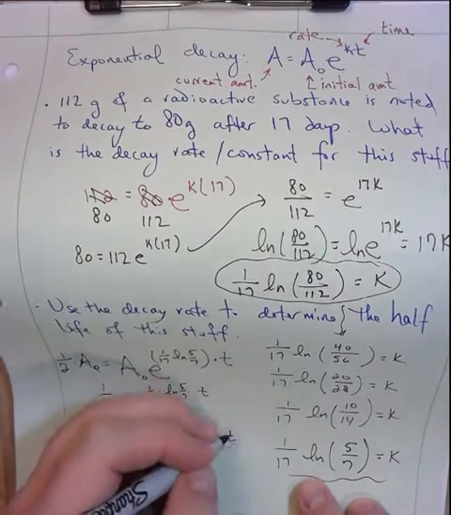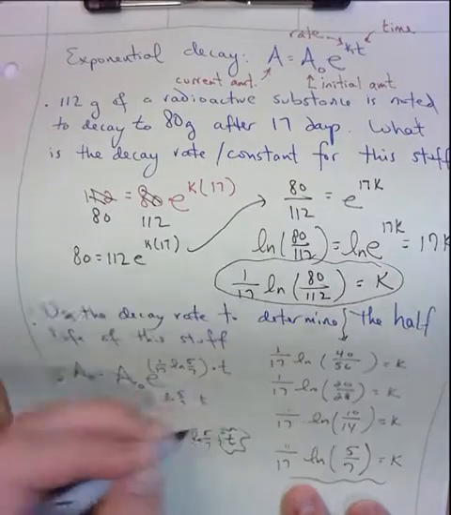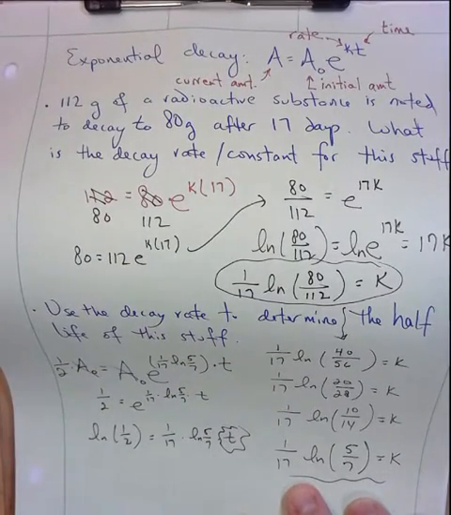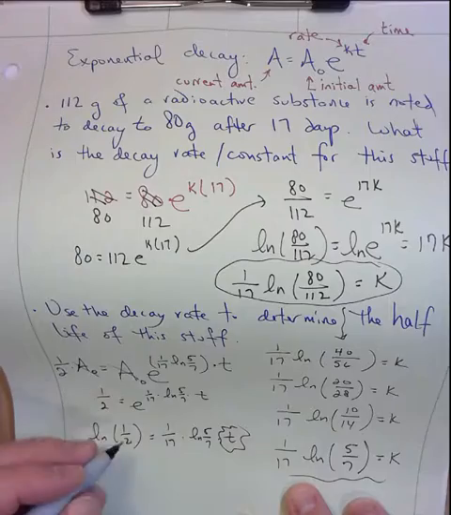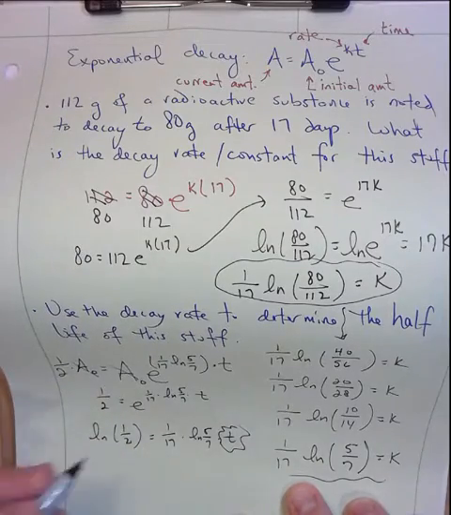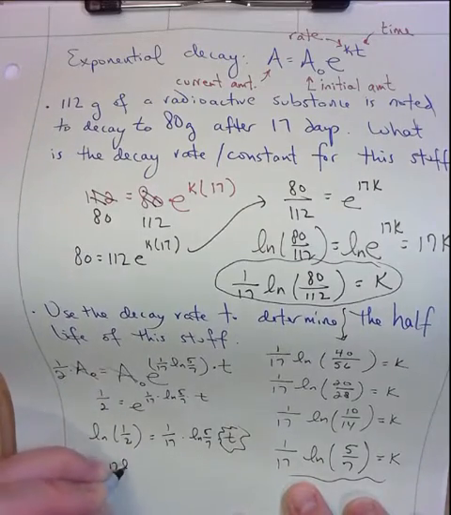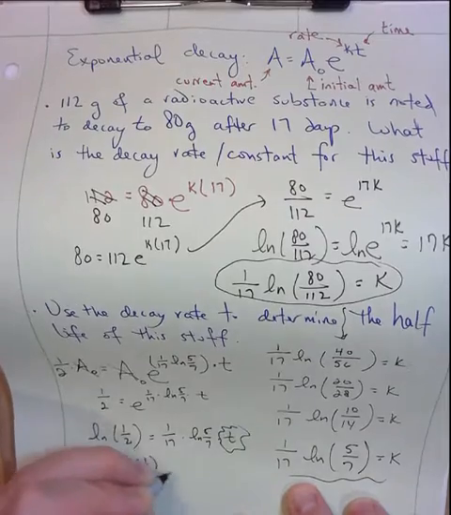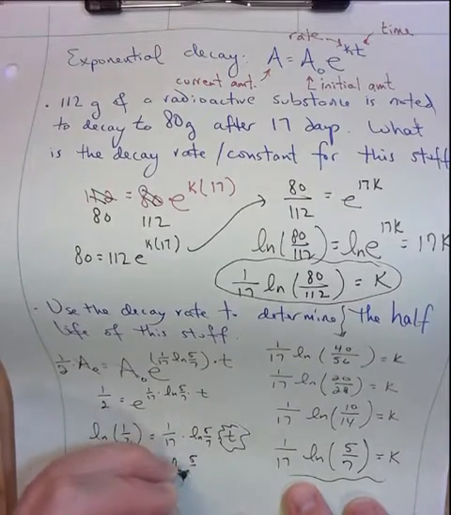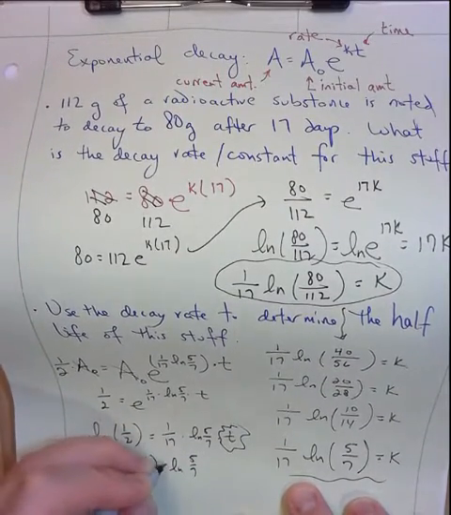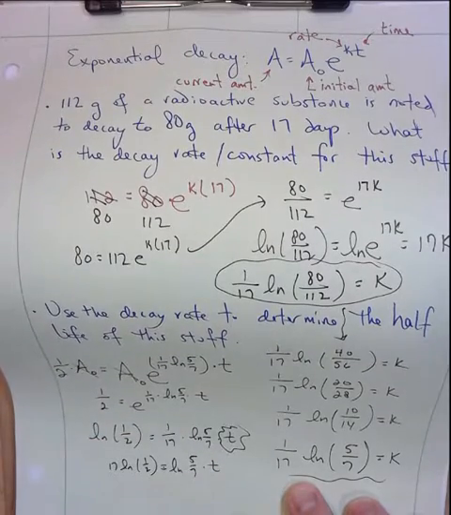Now, this is getting a little messy. So here's what I'm going to do. I'm going to take the easy way out. I'm going to show you what it isn't. If I solve for t, maybe I multiply both sides by 17. There, I've multiplied both sides by 17.